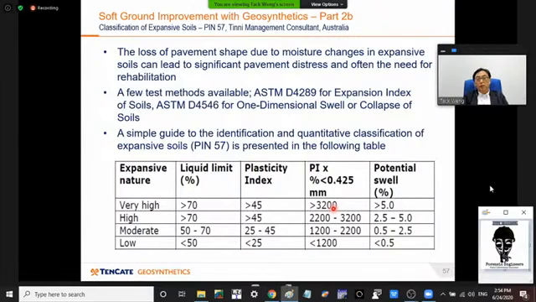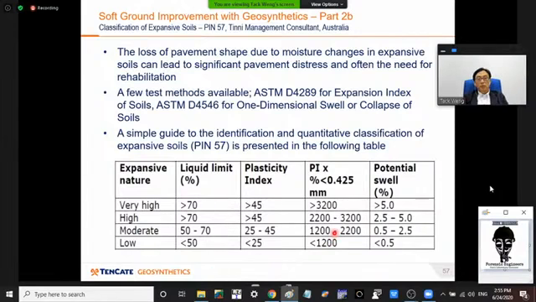There are a few ASTM standards that define swelling and non-swelling clays, but a simple guide is this Australian guide, PIN 57. It relates expansive soil, how severe it is, to liquid limits and plasticity index and so forth. So this is a very useful table to refer to.